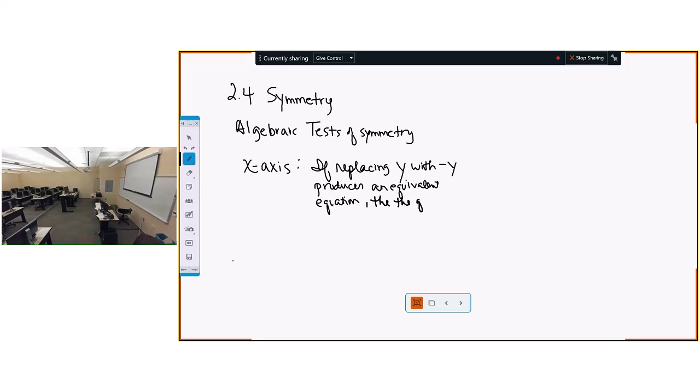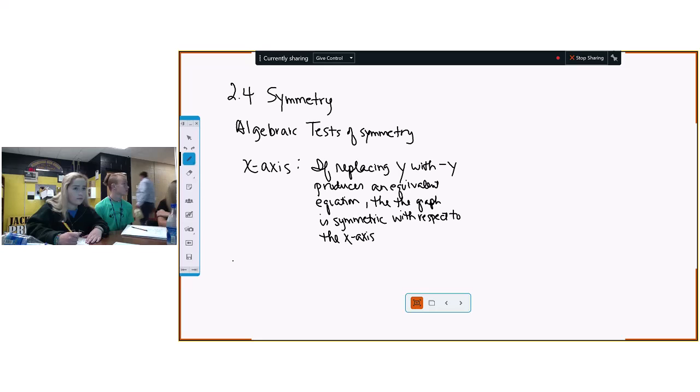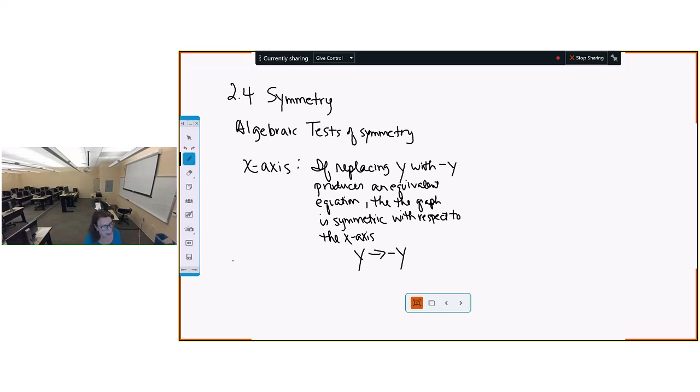Then the graph is symmetric with respect to the x-axis. So that says that y changes to a negative y. If you get an equivalent equation, then the graph is going to be symmetric to the x-axis.